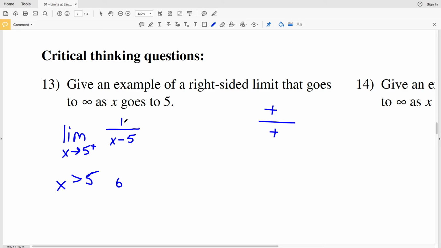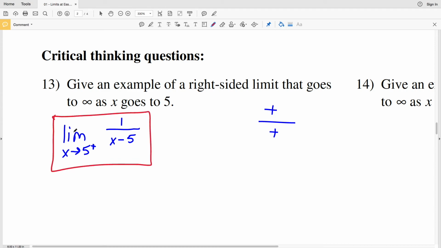So if we were to write 1 over x minus 5, that's a positive over a positive, so that limit would go to infinity because the denominator is approaching 0 as x approaches 5. So one example is the limit of 1 over x minus 5 as x approaches 5 from the right. Come up with another example and double check it on a graph. Let me know what you got in the comments below.